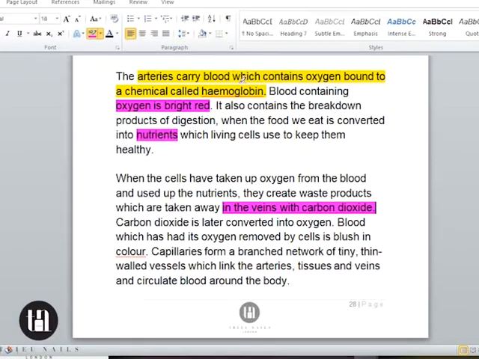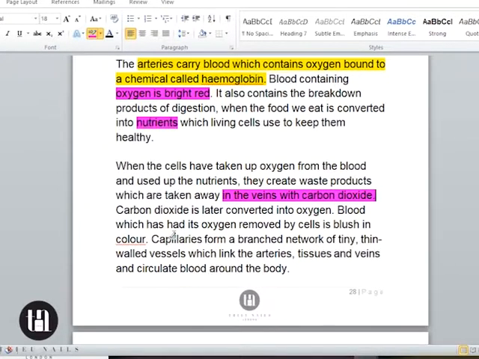So in your hands, the blood with oxygen and nutrients is brought to you by the arteries, and the waste and the carbon dioxide are taken away by the veins. Blood which has had its oxygen removed by cells is bluish in color. Capillaries form a branching network of tiny, thin-walled vessels that link the arteries, tissues, and veins and circulate blood around the body.